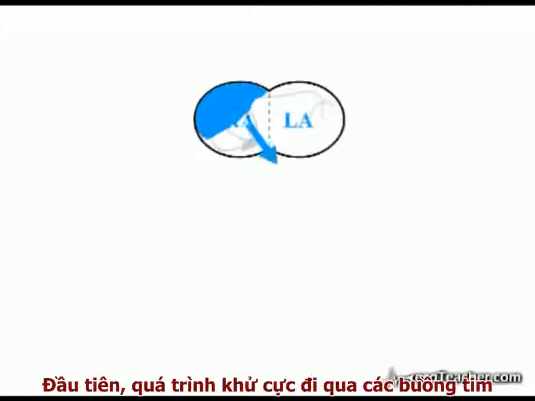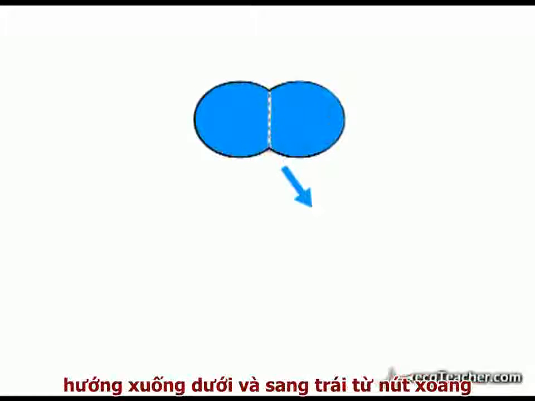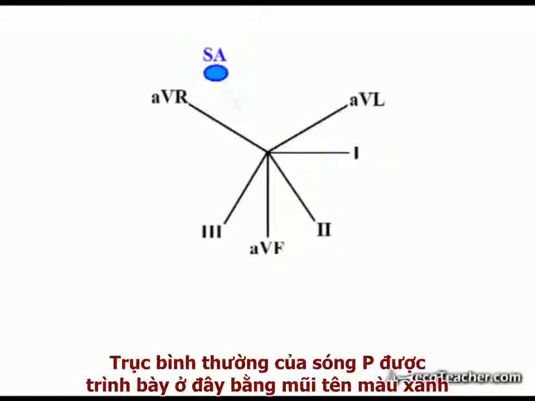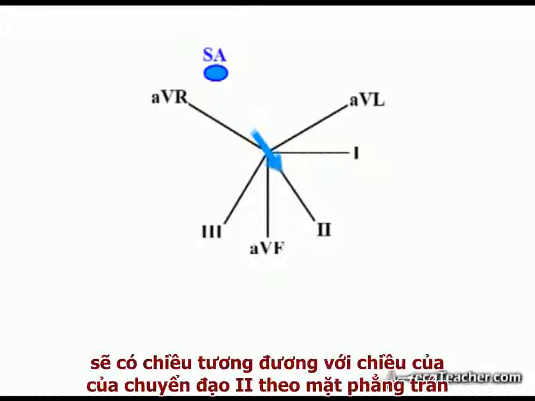In the frontal plane, atrial depolarization moves through the chambers downwards and towards the left from the SA node. The normal P wave axis, indicated here by the blue arrow, therefore travels more or less straight down lead 2 in the frontal plane.